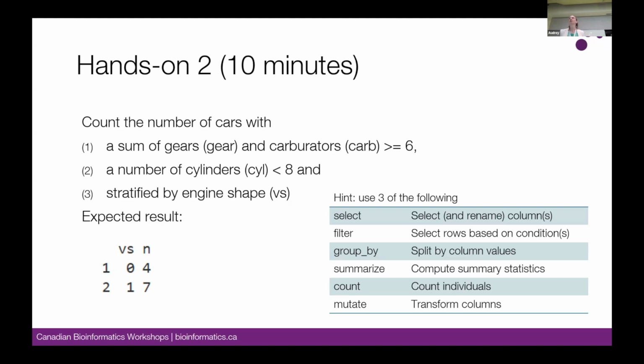Using that same mtcars object as the previous hands-on, we want to have a sum of the gears and the carburetors, and in the parentheses I put the name of the columns because some of them are not super evident. Then we also want to filter based on the number of cylinders and have it stratified, so grouped by engine shape, and the engine shape is the vs column. I'm showing you what I expect as a final result. So if you get this result at the end, you're good.